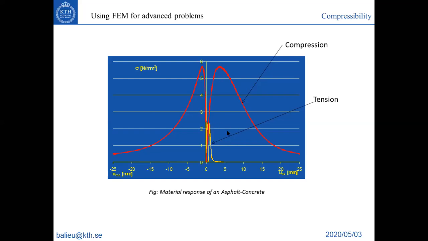Afterward, when you model in compression, you will get this curve, and due to the pressure-sensitive yield surface, when you model tension, you will also be able to model this part. So you will have a much better response of your simulation by using an appropriate yield surface.